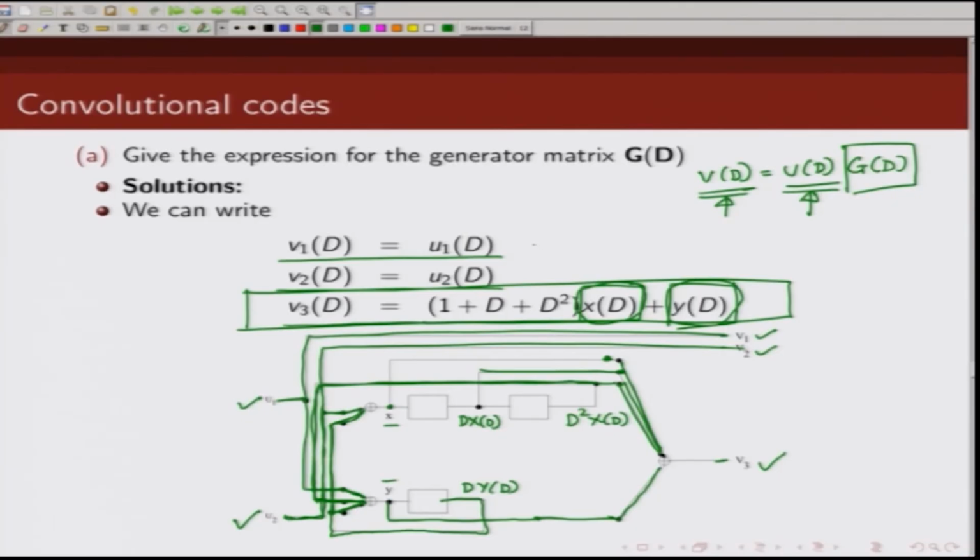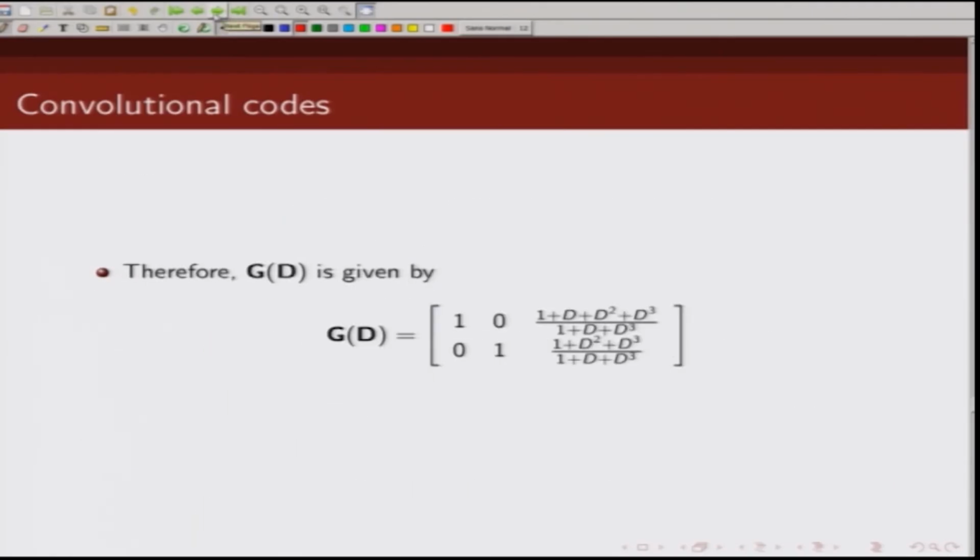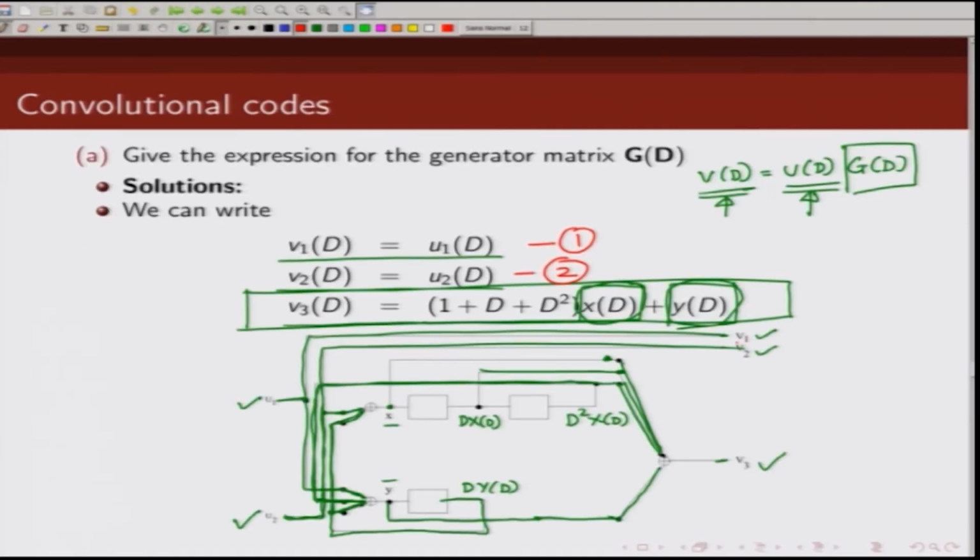The first equation that we will require is this one, the second equation is this one, and the third equation is this one, right. So, you can think of it like this. We have 3 outputs v1, v2, v3 and 2 inputs u1, u2.